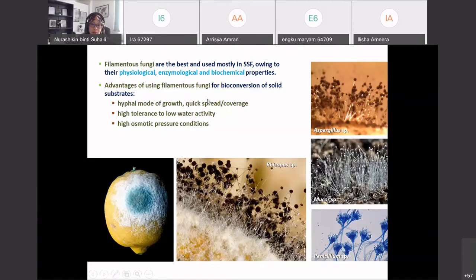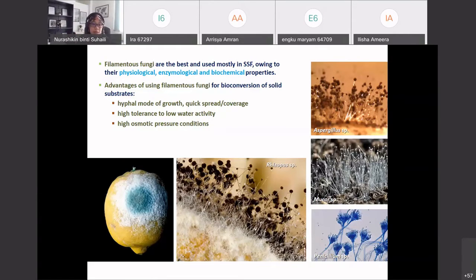And then fungi have high osmotic pressure tolerance. So whenever things are in solid, perhaps at certain points it may create certain pressure inside the cultures because it is not flowing and it is being confined to one place.